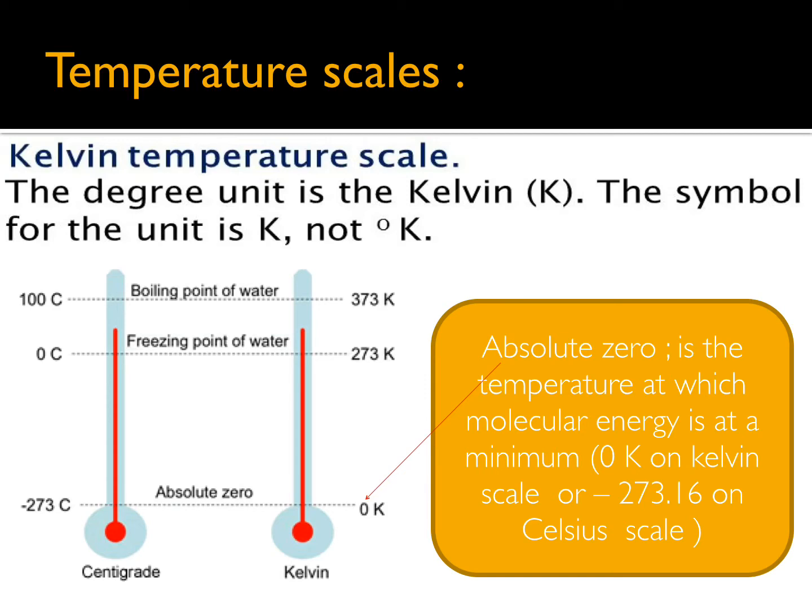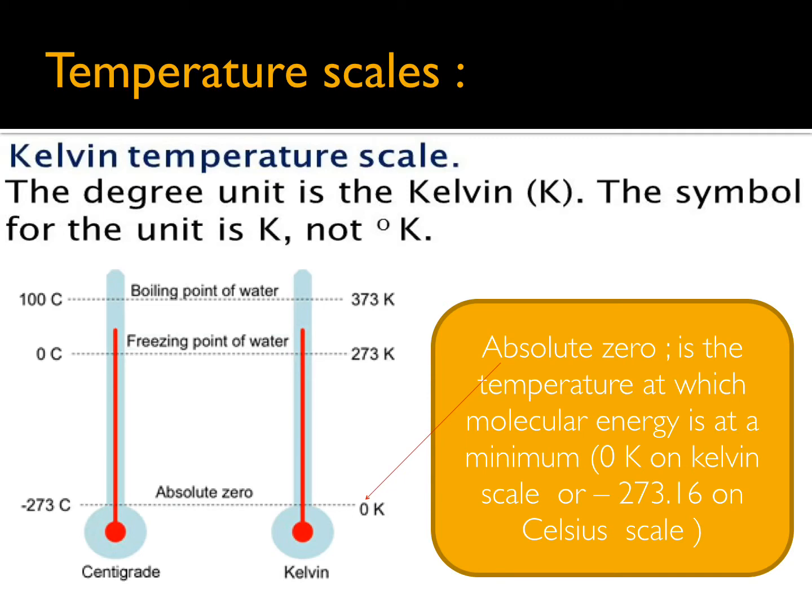Now we have the lowest point on the Kelvin scale, which is 0 Kelvin. What is 0 K? It is absolute zero. So what is absolute zero? Absolute zero is the temperature at which molecular energy is at a minimum. 0 Kelvin on the Kelvin scale, or minus 273.16 degrees Celsius on the Celsius scale.